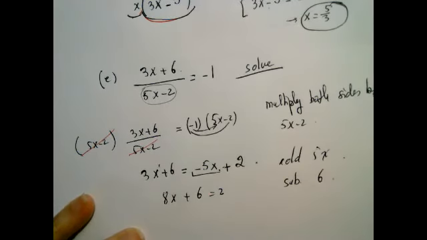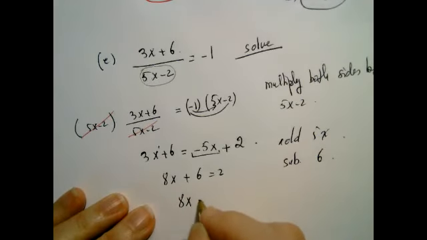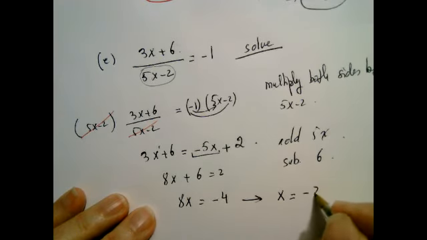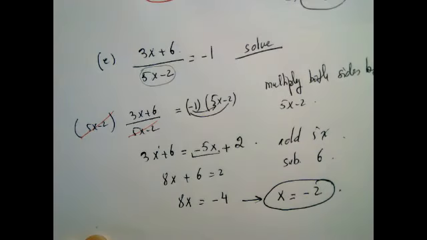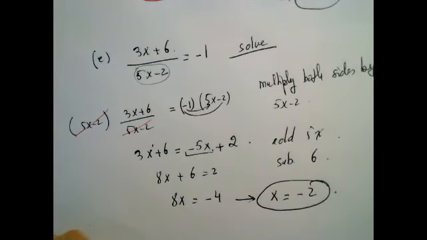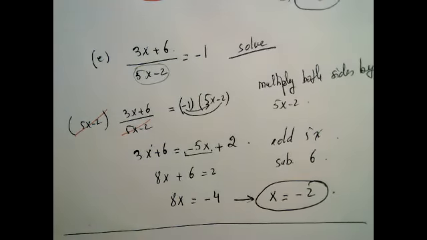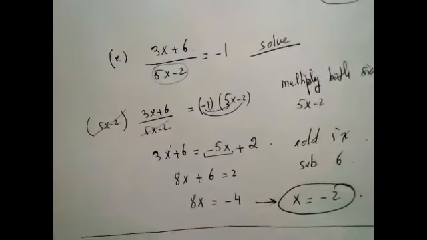Subtract 6 from both sides, which gives me 8x equal to minus 4, and divide by 8 to get x equal to minus 1/2. Okay, so just simple algebraic skill that is essential in this course, right? And in any math class anyway. We'll do the last one along those lines.